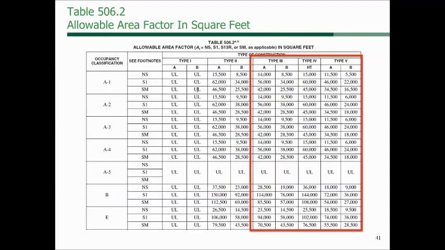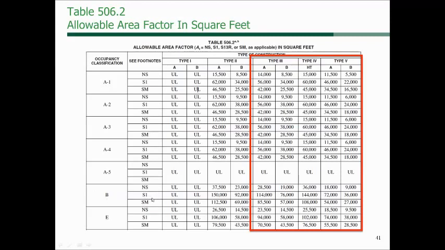And then another new table, which gives your baseline allowable square footage, depending on whether or not you have sprinklers. For this, there are no sprinklers, and then 1 story with sprinklers, and then multi-story with sprinklers.